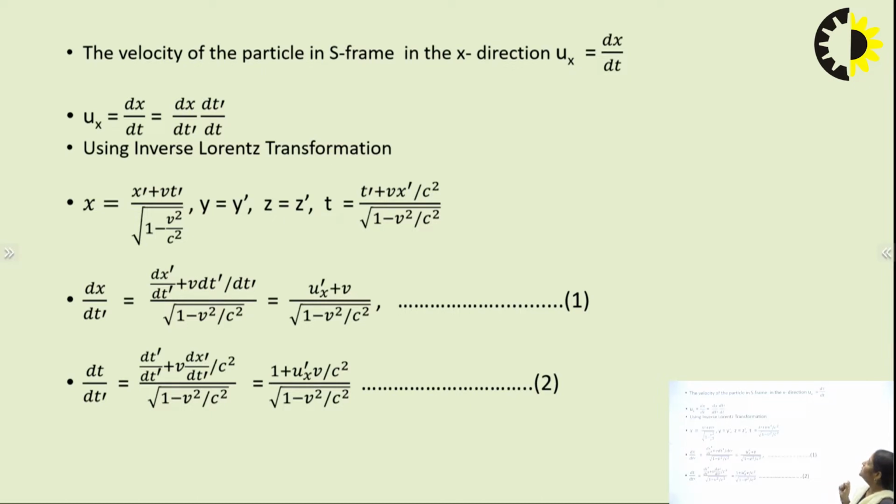So, ux is equal to dx by dt, all right. We have to find the value of this, then only will we get the value of the velocity component.